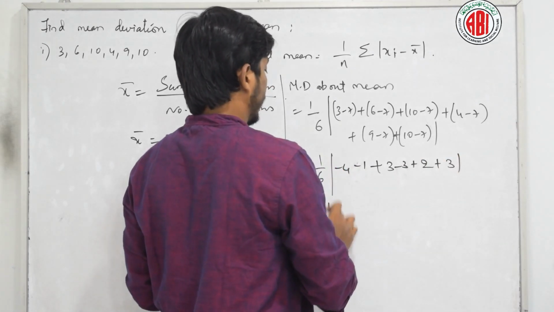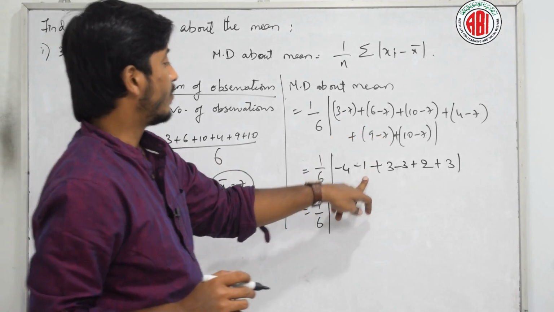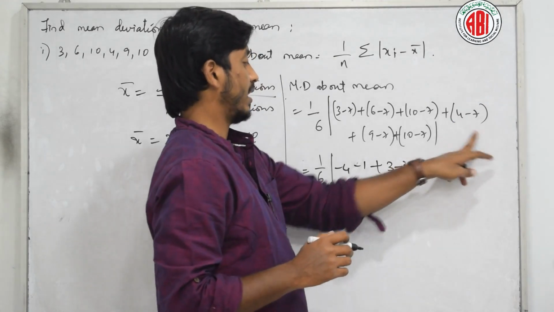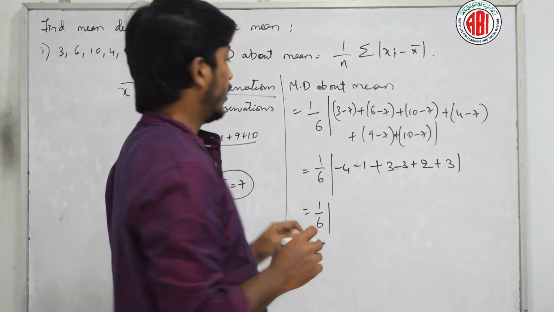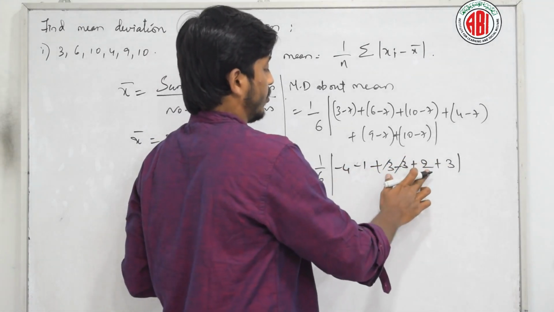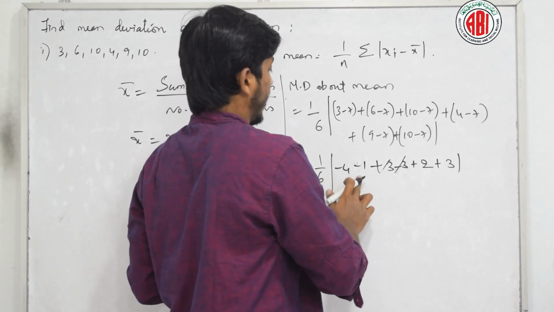Is it right? You do understand? Minus 4, minus 1, 3, minus 3, 2 and 3. Right? Now 3 got cancelled. 3 plus 2 is 5. Minus 4 minus 1 is again 5.